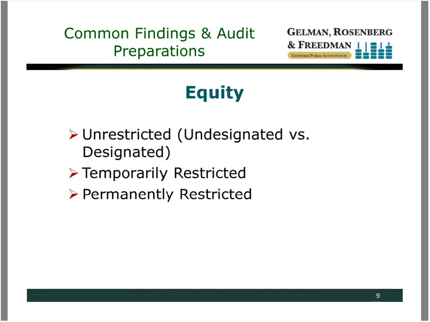So the auditor says you've got to fix the designation. You can't designate $1 million and have undesignated as $1 million. It doesn't make sense. It could be designated for lots of different purposes by the board, but at some point you can't designate more than you have.